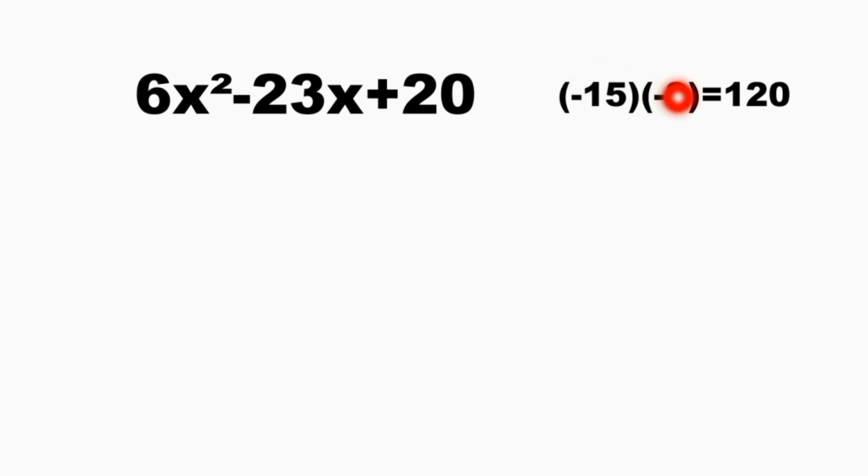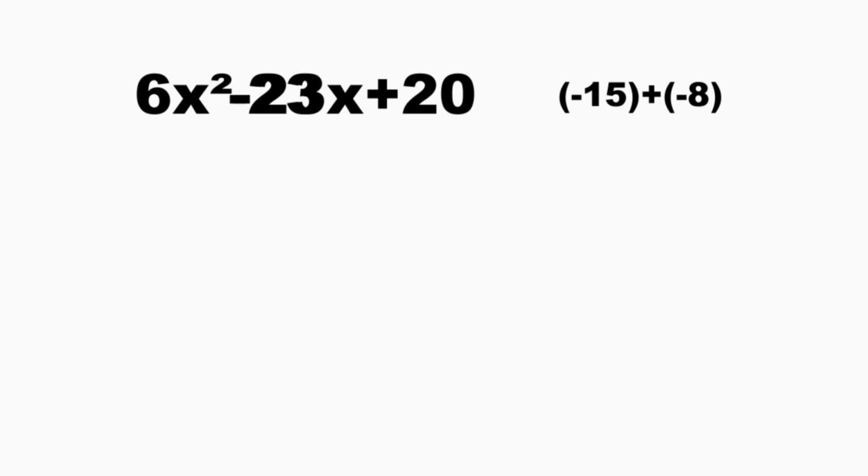Negative 15 times negative 8 is positive 120, and if we add these, this will give negative 23. Negative 15 plus negative 8 is negative 23.